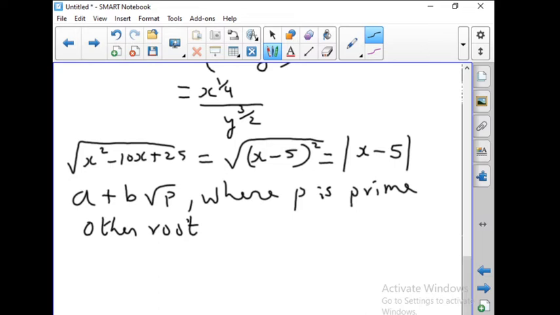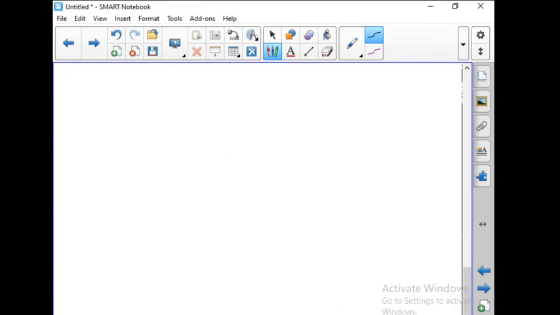So what is the conjugate of a plus b root p? It is a minus b root p. This we will also be using to rationalize the denominator. So first we will get into exercise 2.11. All this we are going to use in doing the problems now.